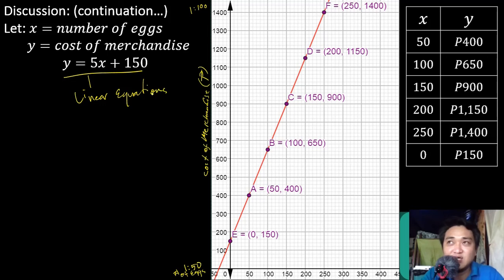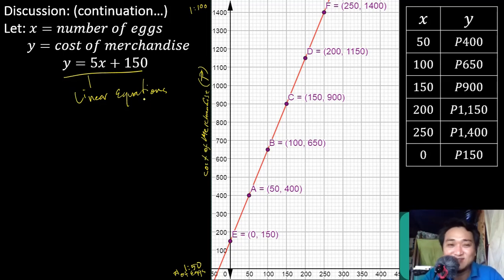Pag napunta tayo sa functions, pag na-explain ko na sa inyo yung all about relation and functions, we will try to refrain from using the word equation, and instead we will replace it by function. So linear function.